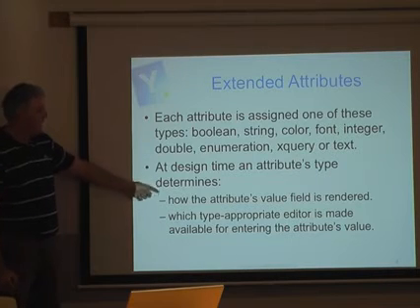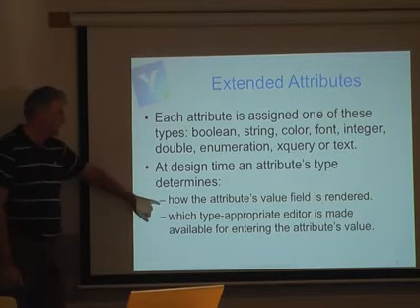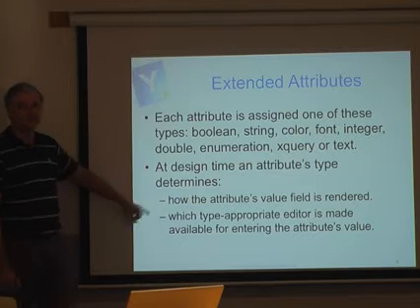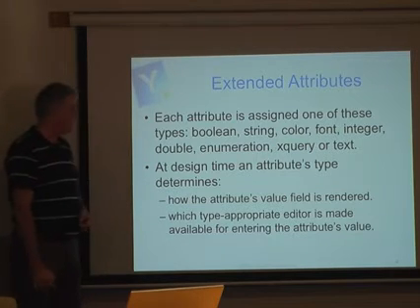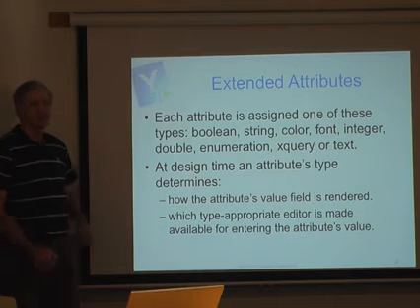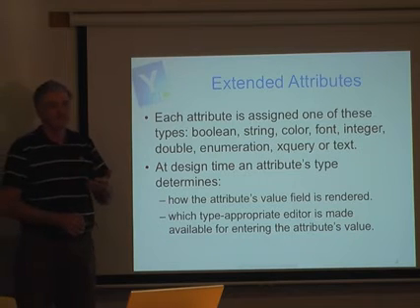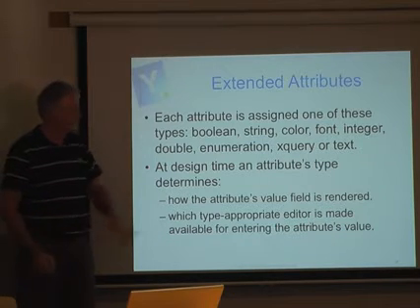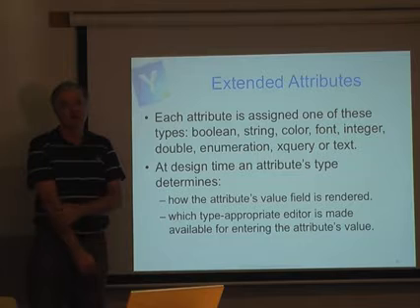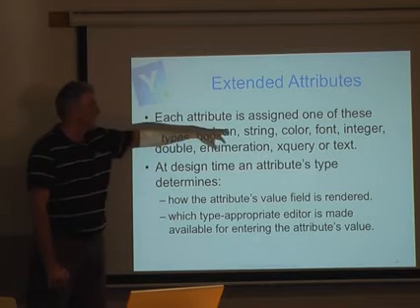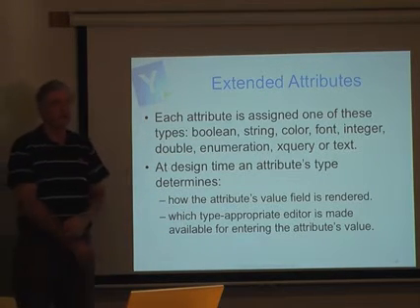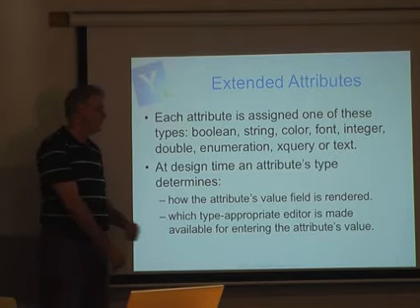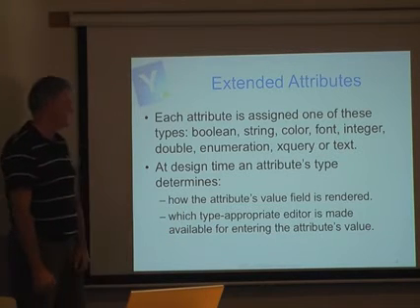So at design time, the attribute's type determines how the actual attribute is rendered in the dialog in the editor, and which appropriate type editor or sub-editor is available for that type. So for example, if you choose a colour type, you'll be able to open up a colour picker dialog to choose a colour for that extended attribute.